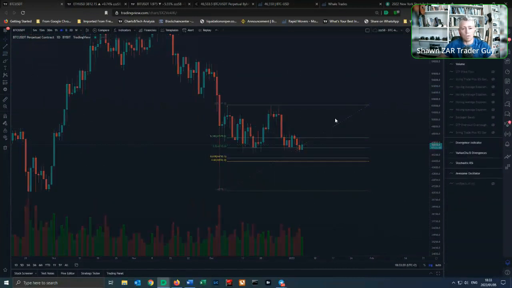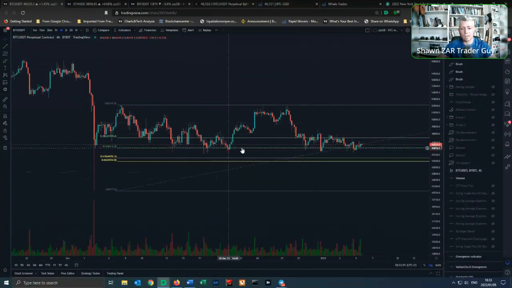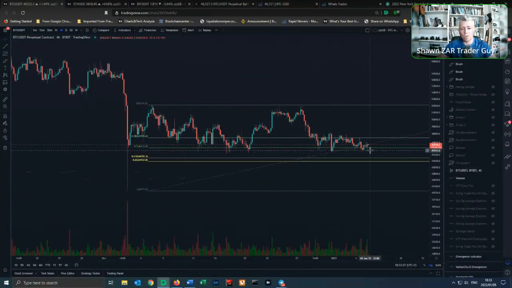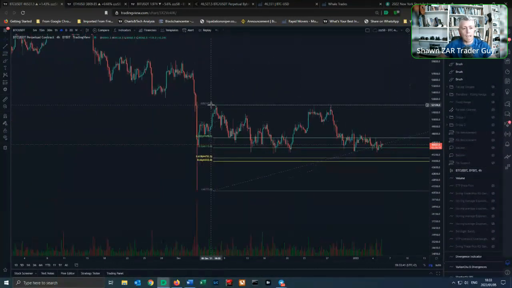Let me actually turn it on to a 4-hour level so you can see how it respects that level. It's absolutely incredible. So I can actually draw these again. If I take this level, I'm going to redraw it so that there's no confusion. Let me switch that off.